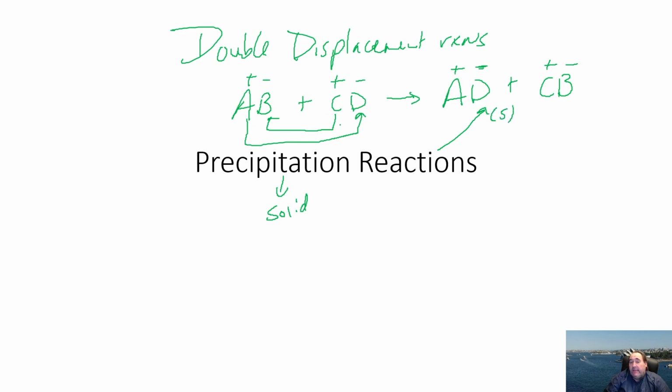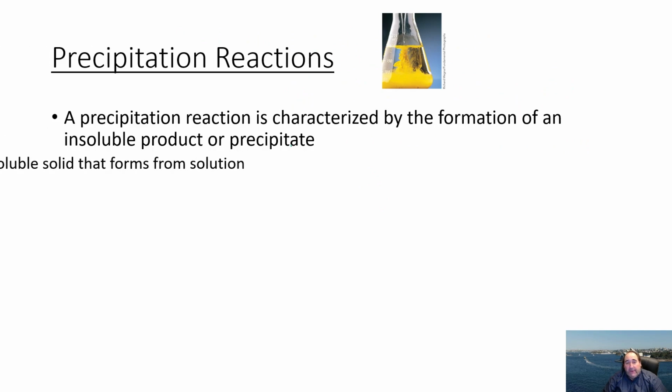And in this case, because it's a precipitation, one of these is going to make a solid. That's what's referred to as a precipitate, sometimes abbreviated as PPT. A precipitation reaction accounts for one of the reasons why a reaction takes place, which is that a solid is formed. It is a more specific classification under the big umbrella of double displacement. So ultimately, it's still a double displacement reaction, but it can be more specifically classified as a precipitation reaction because it makes a precipitate. That's what we see here in this picture.